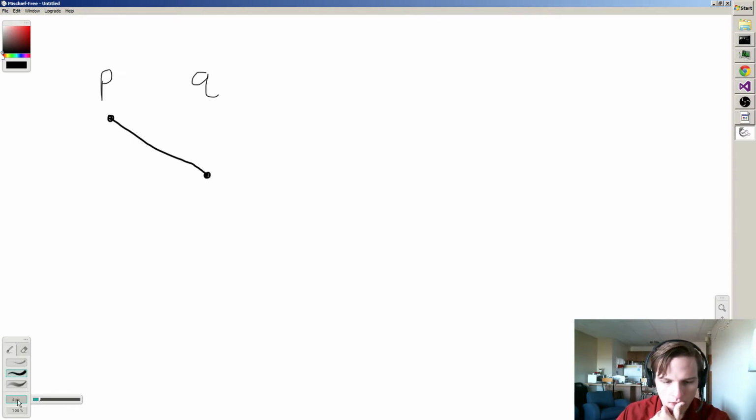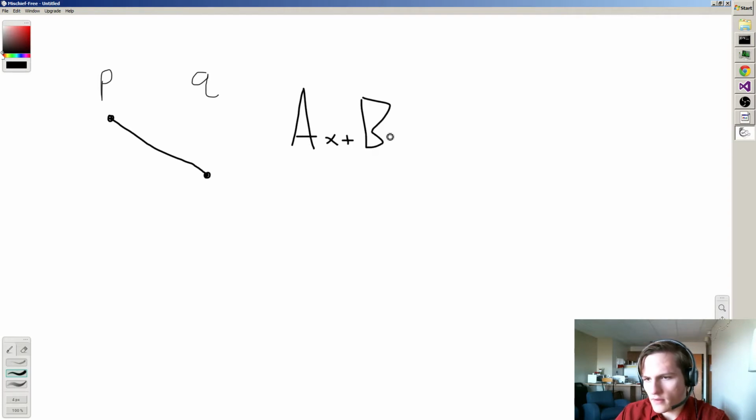And what I want to do is, first of all, make sure that I have the ability to turn that into an equation of the form ax plus by equals c, because then if I have 2 equations of that form, I have a system of equations in a, b, and c that I can solve.